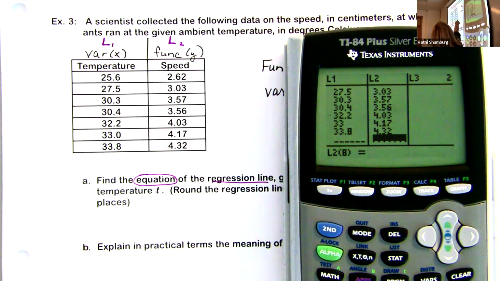And be sure that you have the exact same number of values in each one. Ready? Having trouble getting those in there. They're all good. All right, so now to find our linear regression line, where do we go?